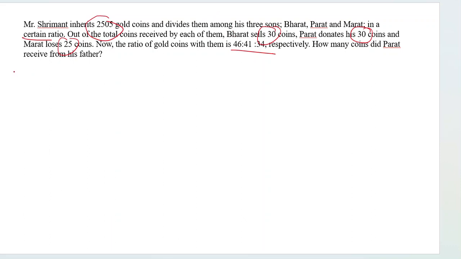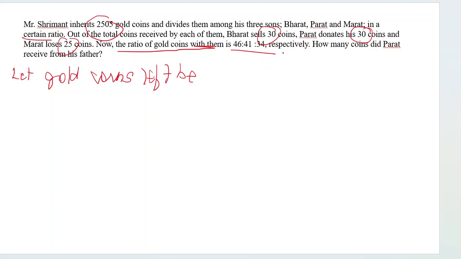So we say, let the gold coins left be x. Now these are the ratio of gold coins left with them. That means 2505 were divided among them. Bharat sold his 30, Bharat donated his 30 and Marat lost his 25.